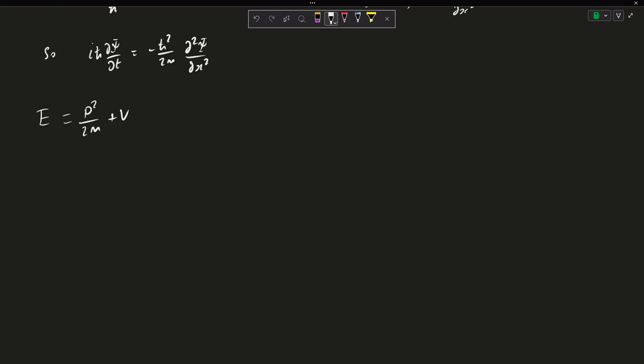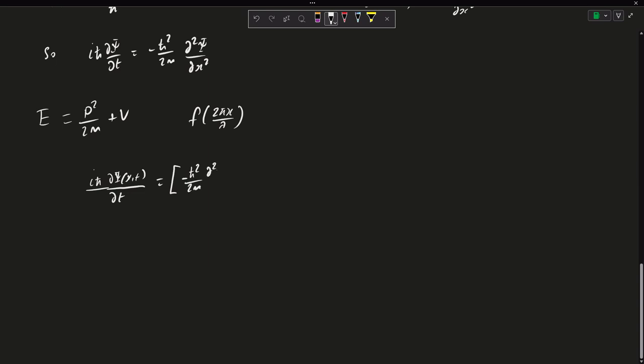If we then postulate that this function f of 2 pi x over lambda can be generalized to the form with the potential, then we have this form with the potential included.